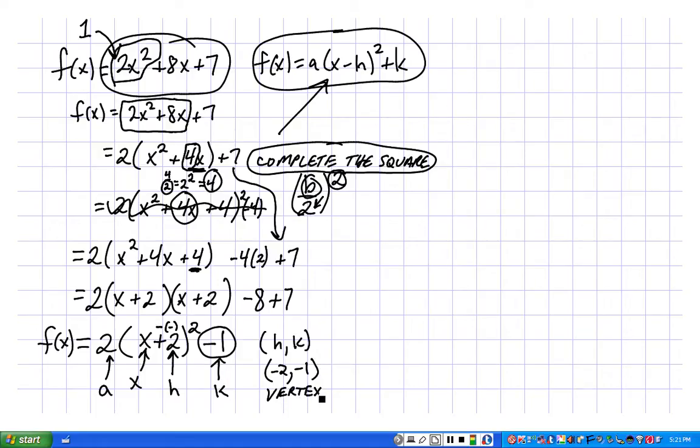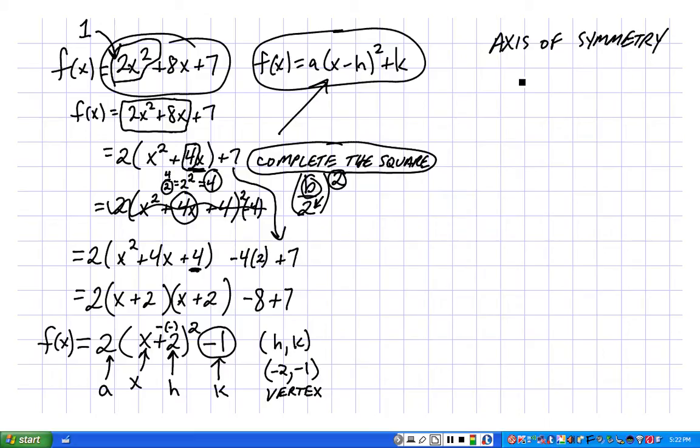Alright, now, a couple other things with parabolas. Because parabolas present a U-shaped graph, then we know that that graph is symmetric. Okay, it's symmetric. So based on the form we have, and based on what we find to be the vertex, we can determine what is called the axis of symmetry.